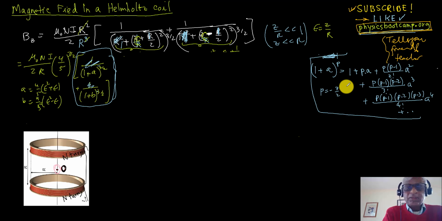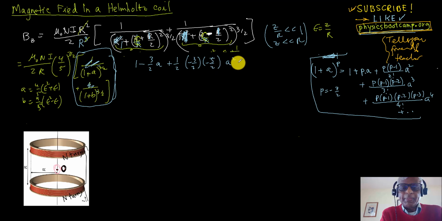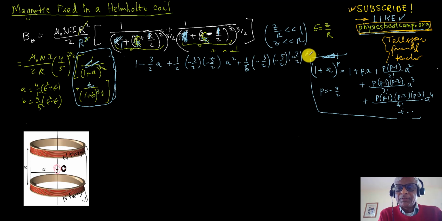Okay, and if I do a, I get 1 minus 3/2 a, and then I get (-3/2)(-5/2)/2 a squared. Then I get (-3/2)(-5/2)(-7/2)/6 a cubed.